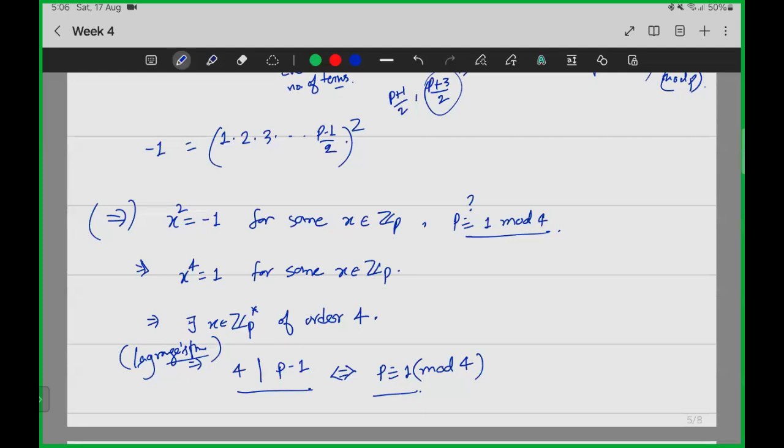But is this true: if 4 divides the order of a group, then there is an element of order 4? Not right? This is not true anyway.